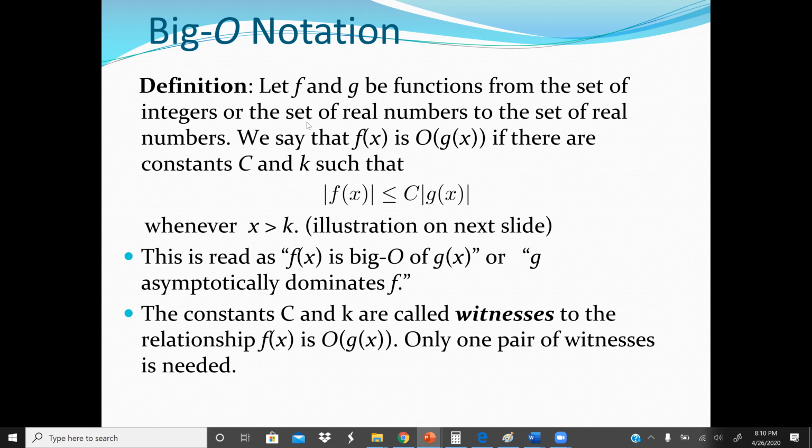Let f and g be functions from the set of integers or the set of real numbers to the set of real numbers.